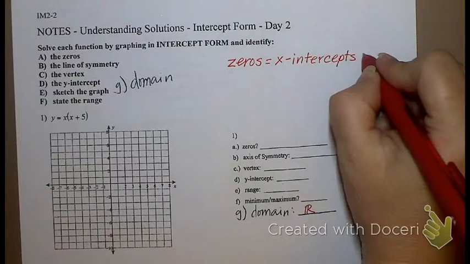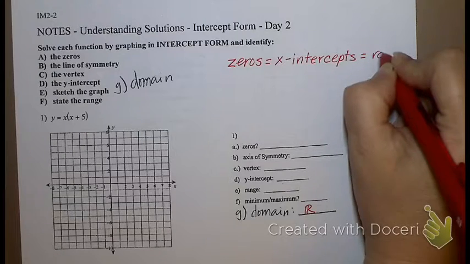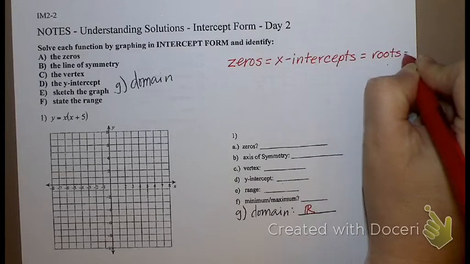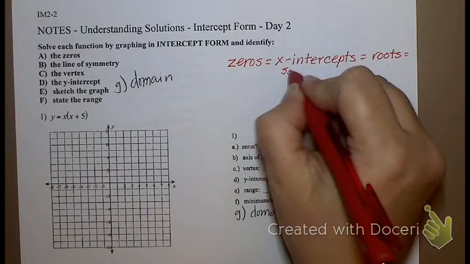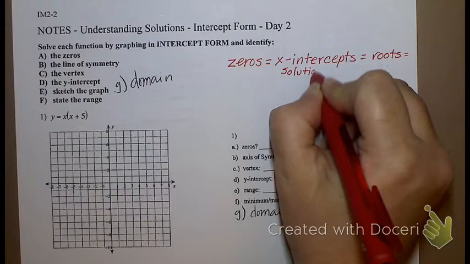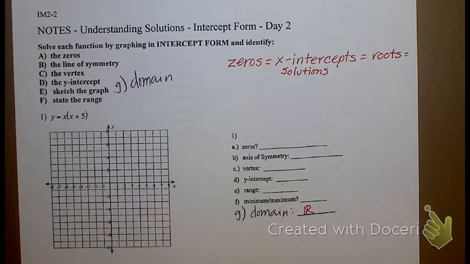They are also called roots, and they are also called solutions. Don't ask me why there are so many names for them, but I just want to familiarize you with them, that those are all asking for the same thing. Okay? It's all asking for the X-intercepts that we were doing yesterday.